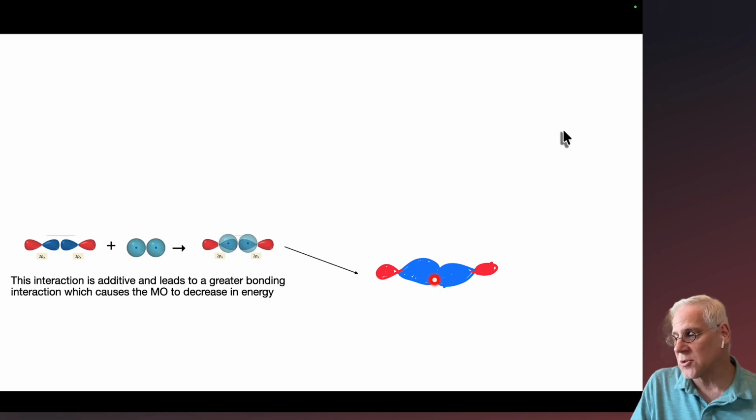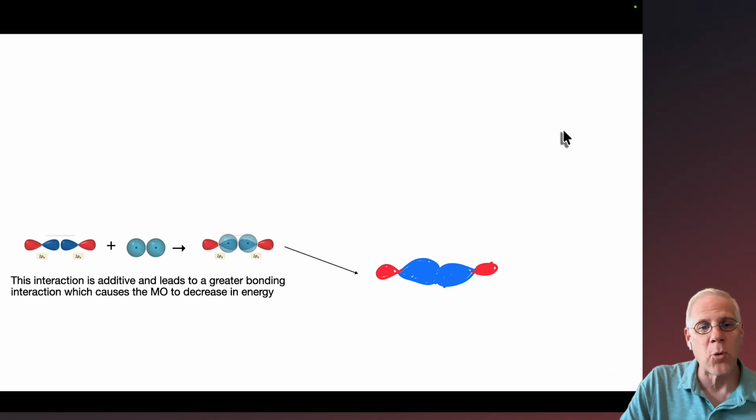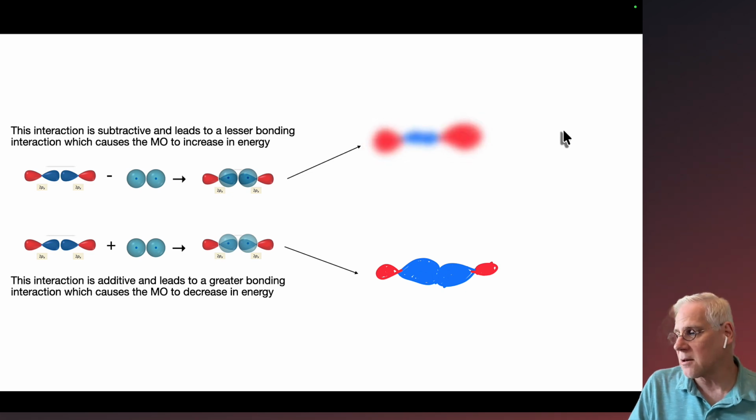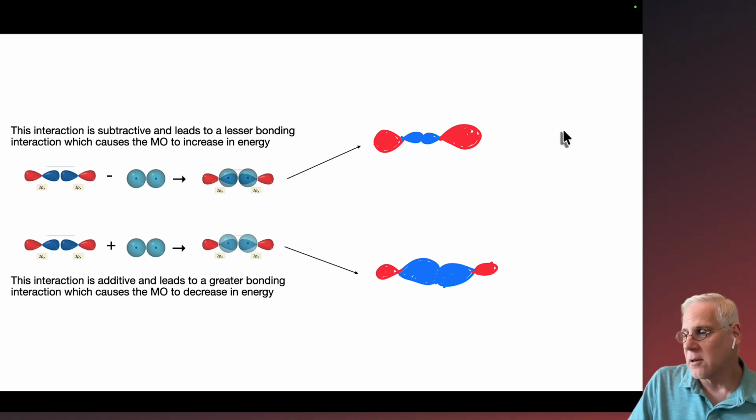But what happens is you do get a little bit greater interaction between the orbitals, and that leads to a decrease in energy. But more importantly, and this is the one we really want to look at here, is for the bonding orbital of the sigma 2p, the overlap of this orbital in a subtractive manner decreases the lobes here.